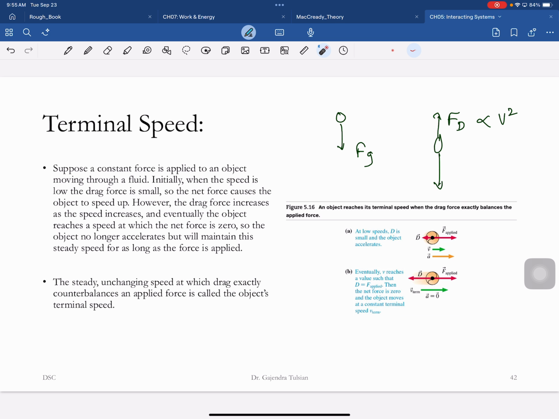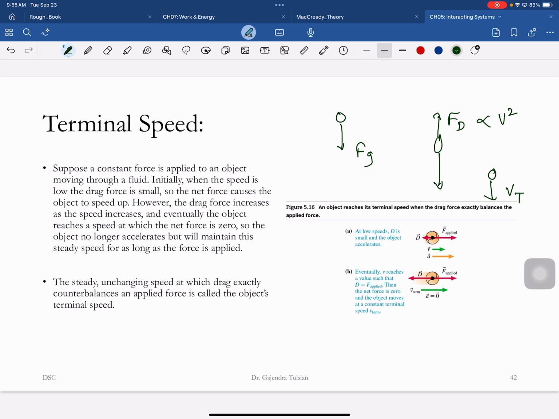Did you guys understand that? So this drag force can increase with your speed. This force is constant, so this force is speeding you up, except that this force is increasing. And eventually you reach a speed when this force is equal to that, and you won't speed up anymore, and you have reached terminal velocity.